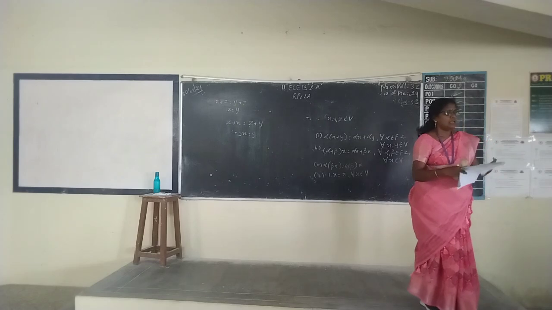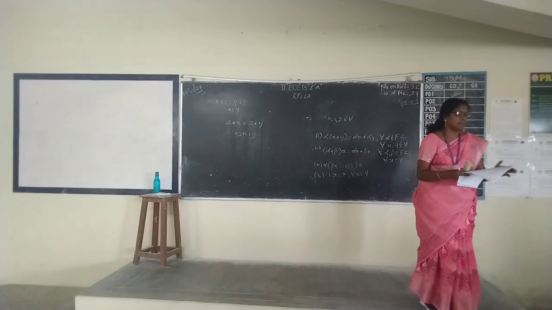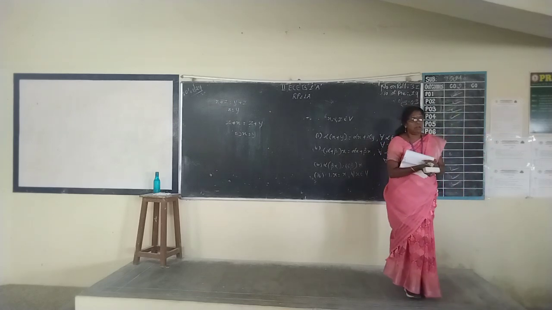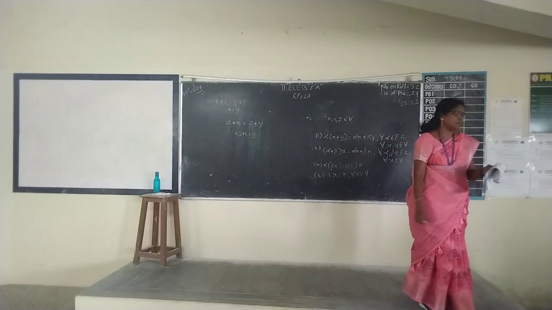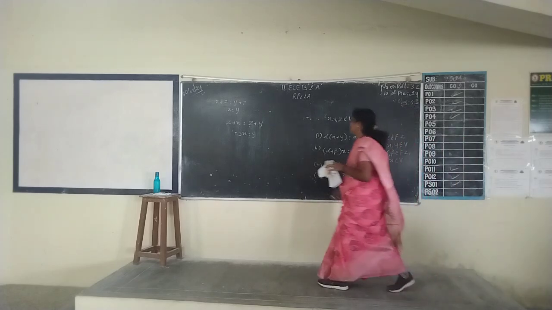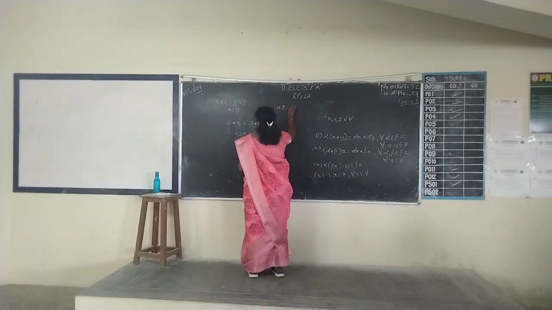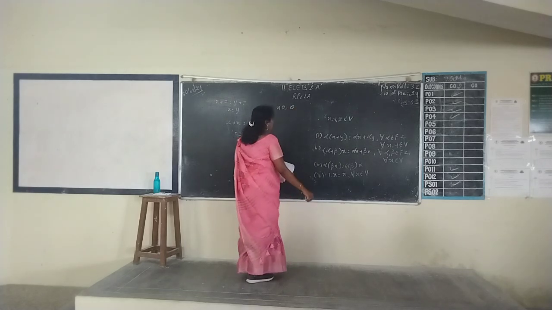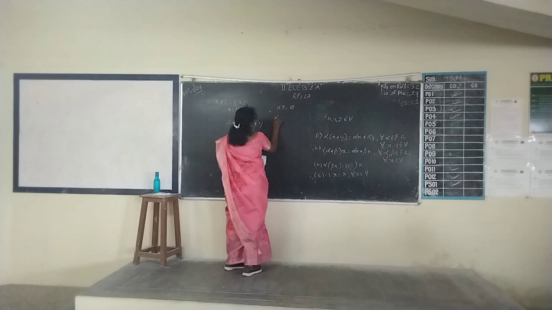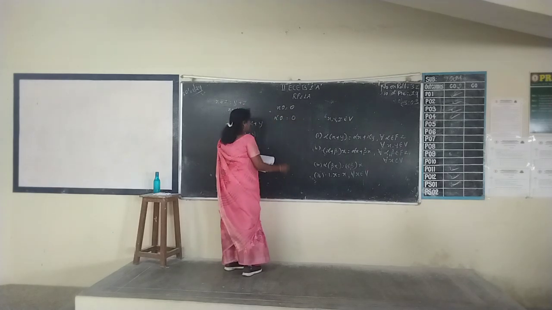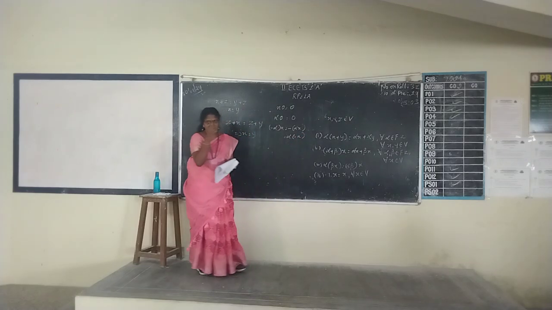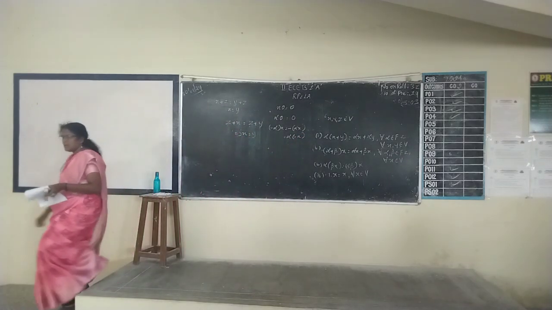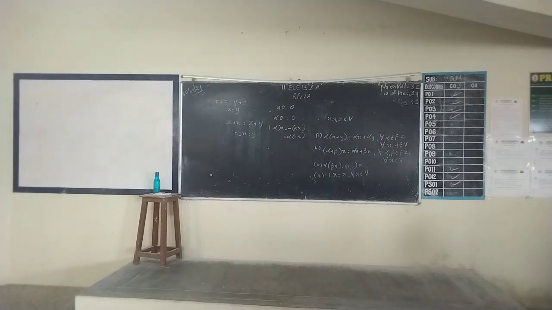Fourth one. In any vector space V over a field F, x into 0 equal to 0, alpha into 0 equal to 0, and the third one.